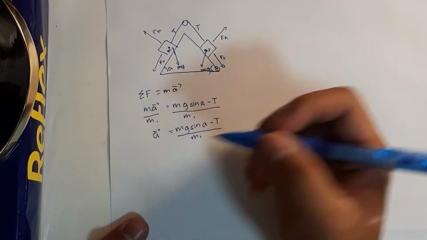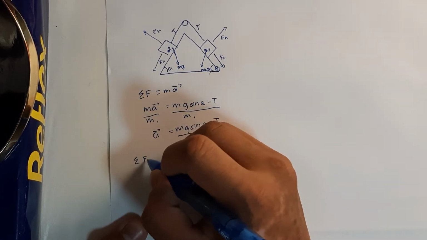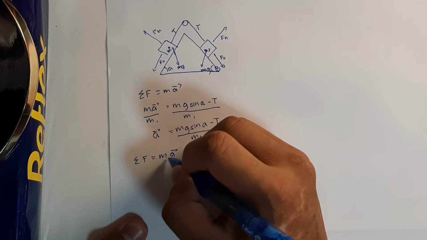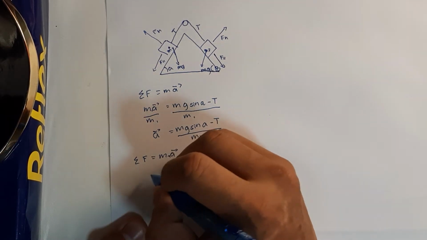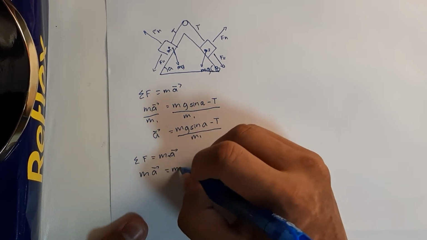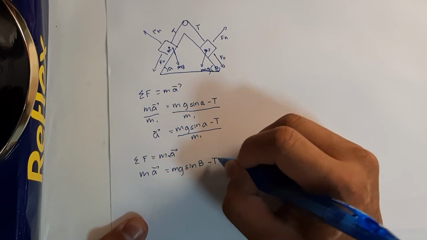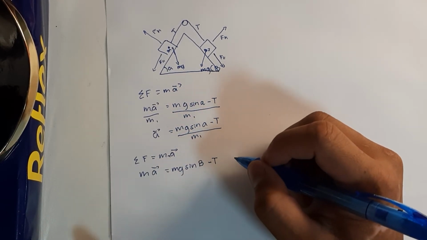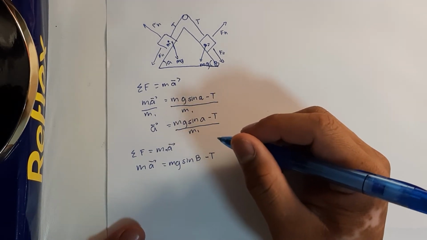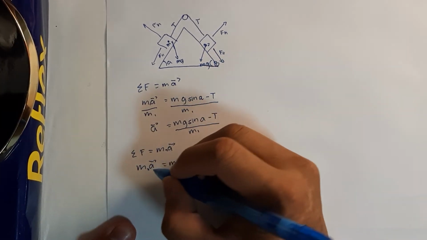So next are the forces for m2, which is the same. So ma equals m2 g sine beta minus T. Right, so now we have the forces for m2.